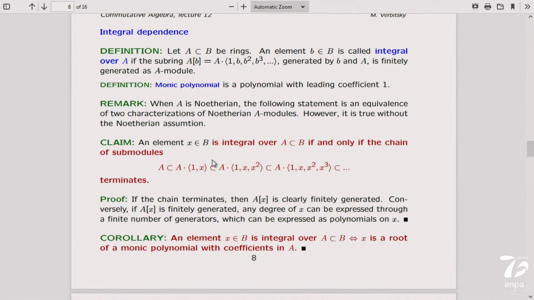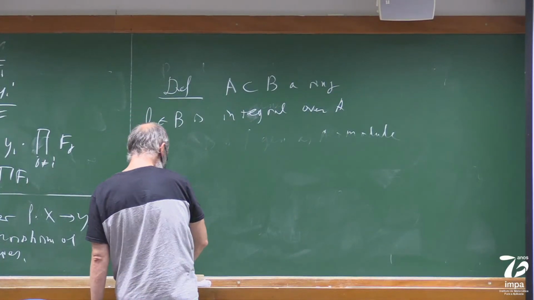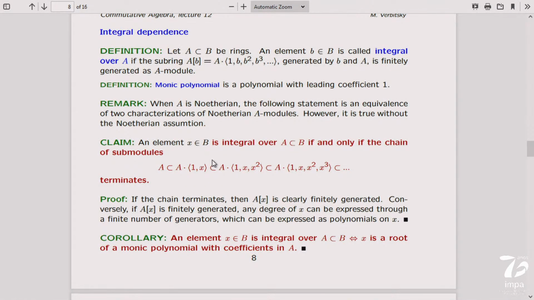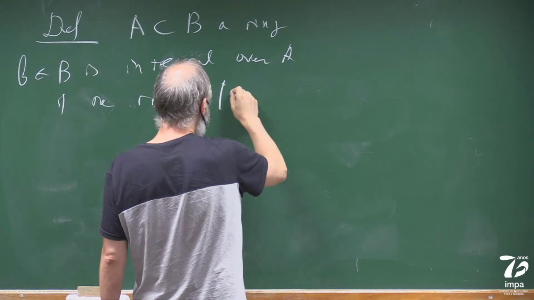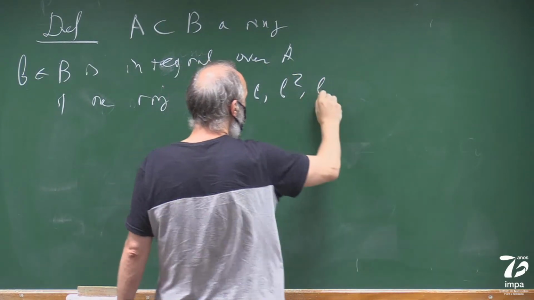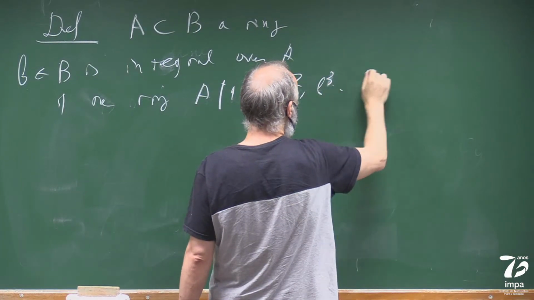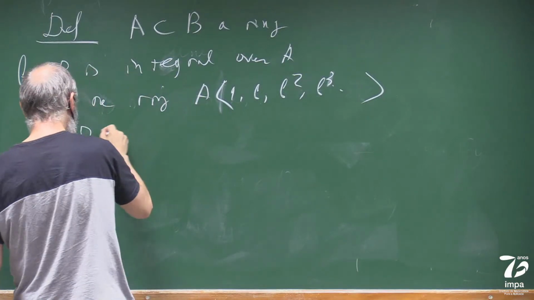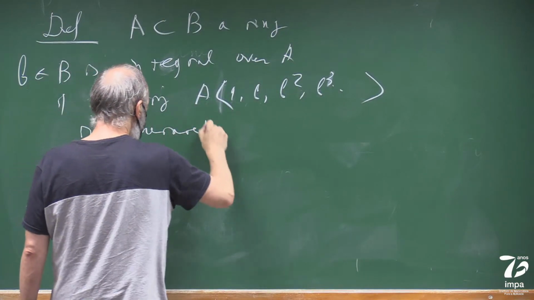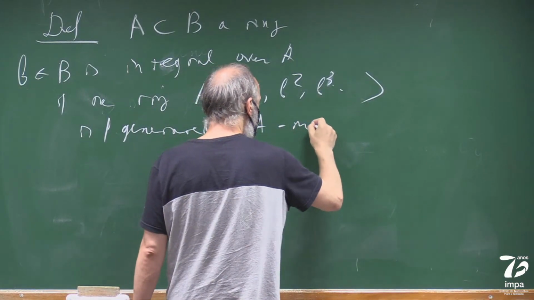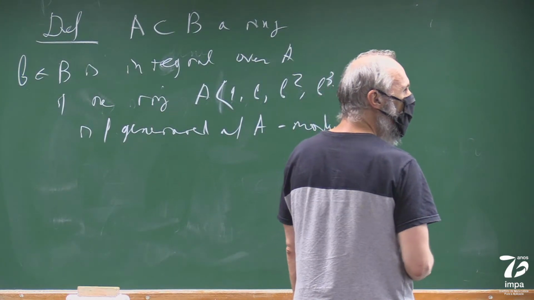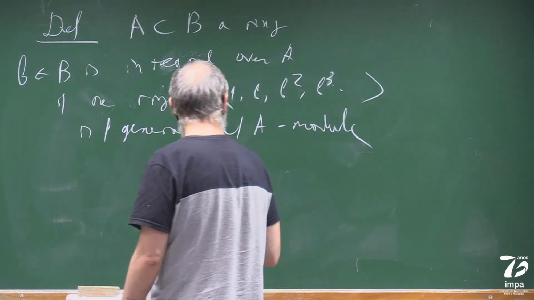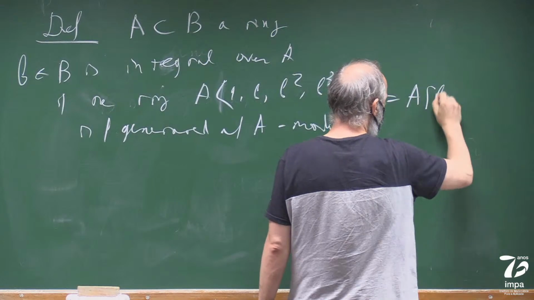So before I do it, let's say that b inside B is integral over A if the corresponding ring A, where you added 1, b, b square, and so on, is finitely generated as a module. So this is also denoted as A of b.